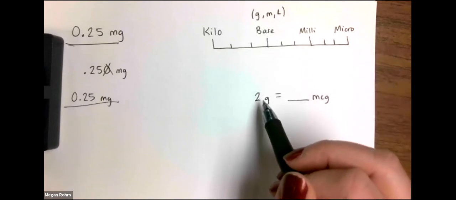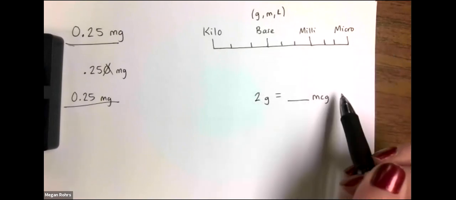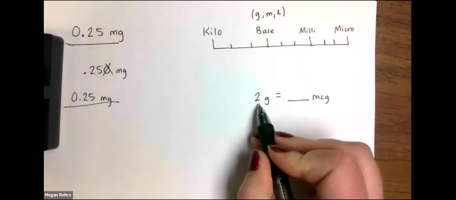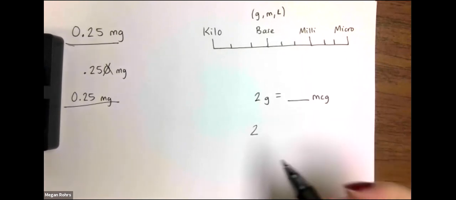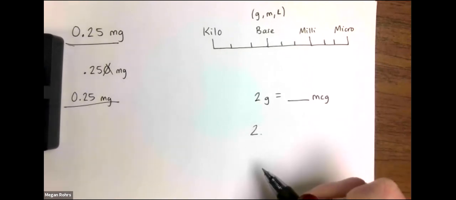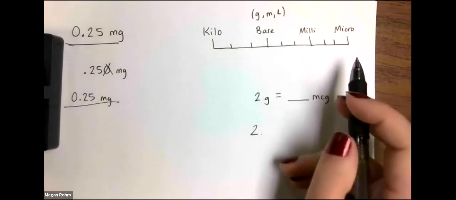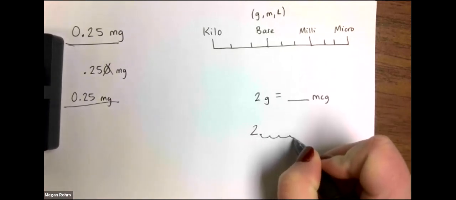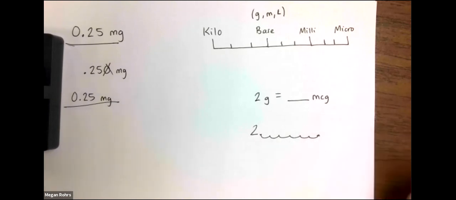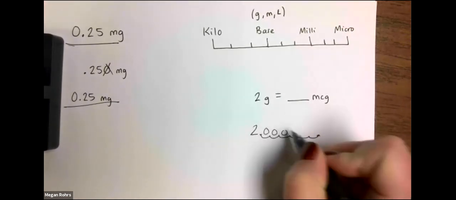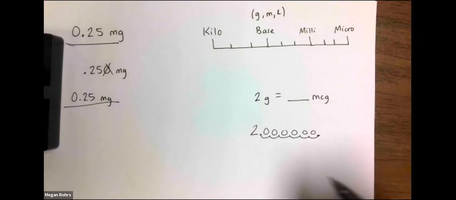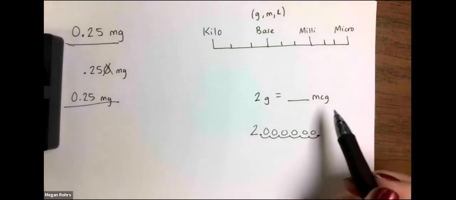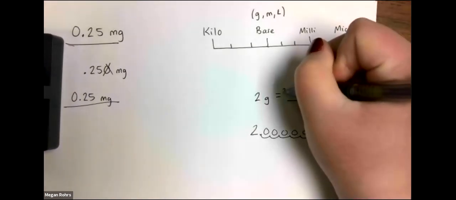So I can actually move my decimal point 6 places to the right as well. So if we're starting with the whole number 2, my decimal point is going to be after the 2. And I'm going 6 places to the right. So 1, 2, 3, 4, 5, 6. And then I can just add in my zeros here. So 2 grams is actually 2 million micrograms.